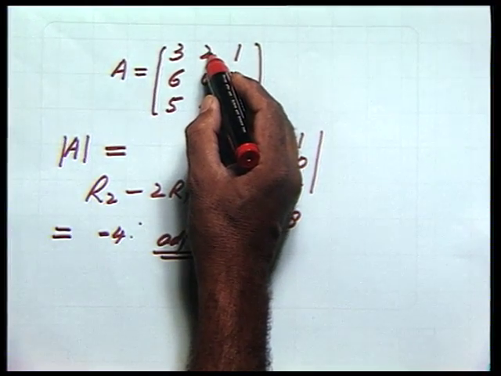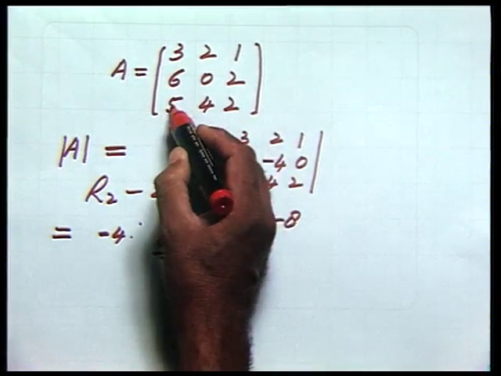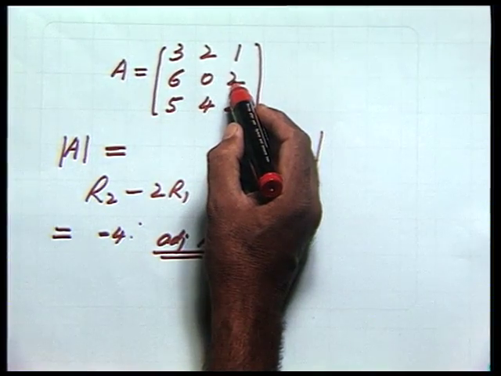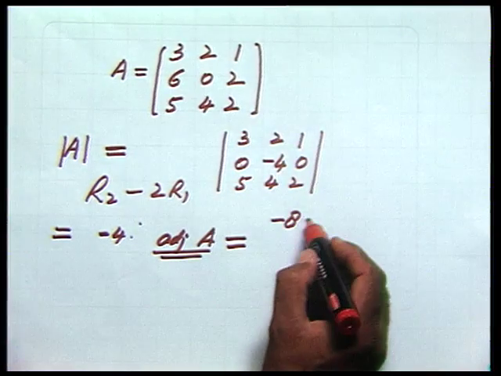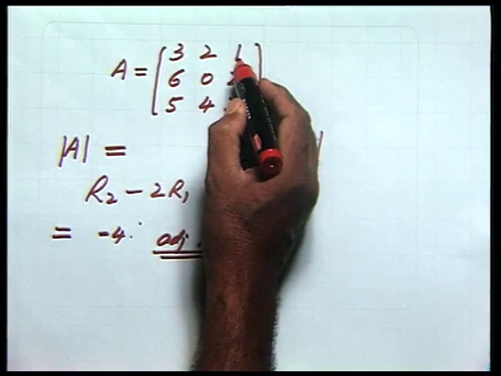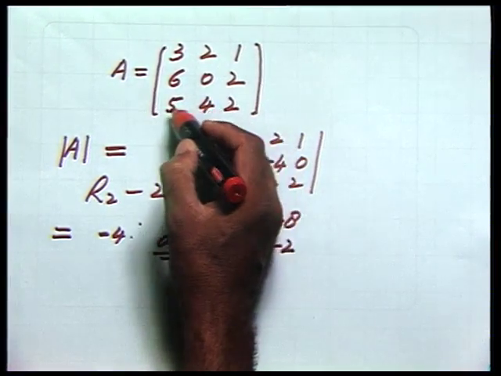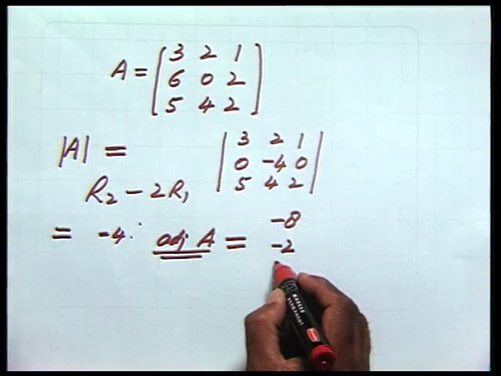So, cofactor of 2 is 6 times 2 is 12, minus 10, that is 2, and that will be written as minus 2. From here, this comes here. 1, positive, 6 4s are 24, minus 0. So, it is 24.